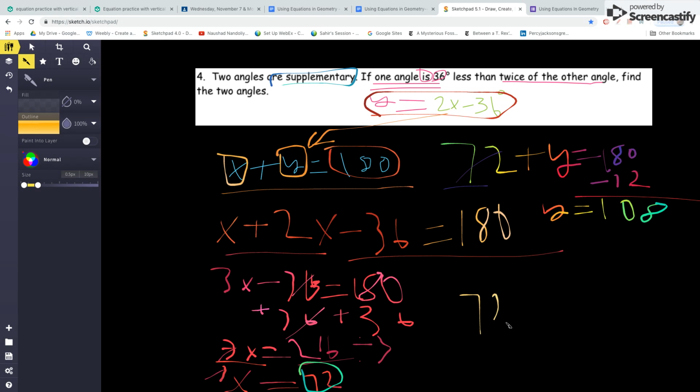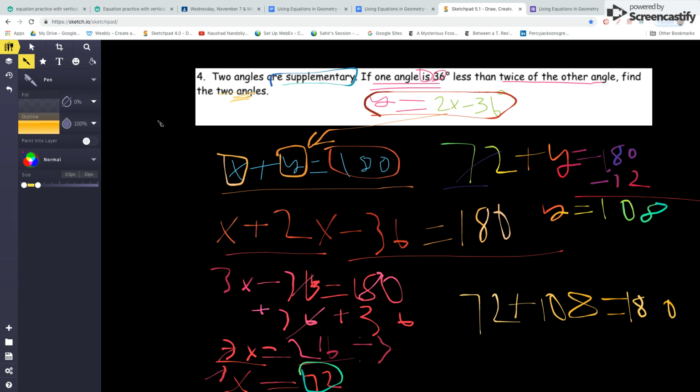Let's substitute x, which is 72, plus y, which is 108, equals. 2 plus 8 is 10, carry the 1, plus 7 is 8, and then you have 8 again. 8 plus 0 is 8, so you have 180. That means the two angles we've come up with work, because combined they make 180.